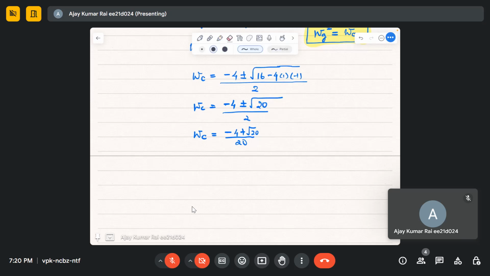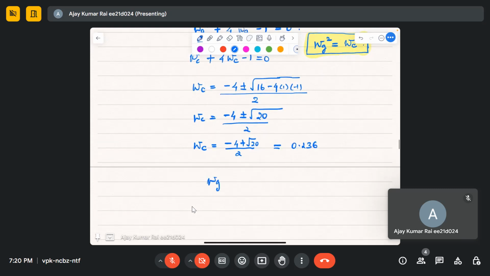So this is 2. I'm getting 0.236. Okay, but you know you have to find omega g, right?